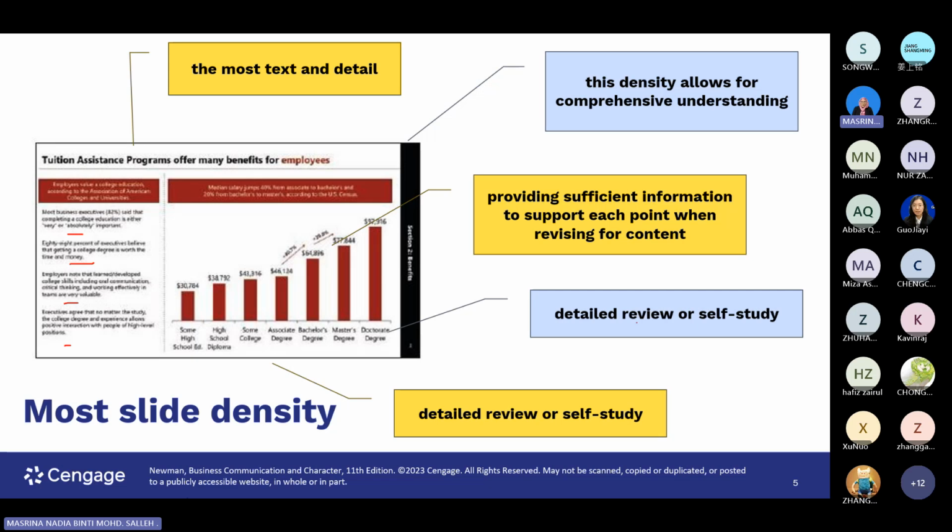As you can see, this design is meant for detailed review or self-study. It ensures that all relevant data are present and makes the report more self-contained. So that is the first design.